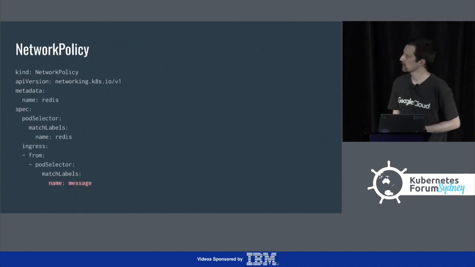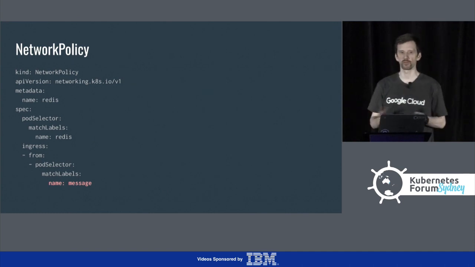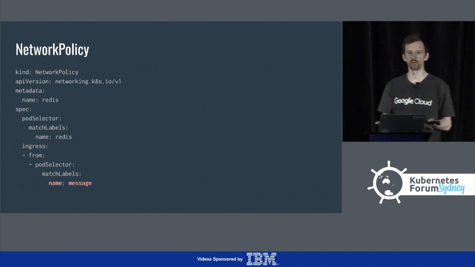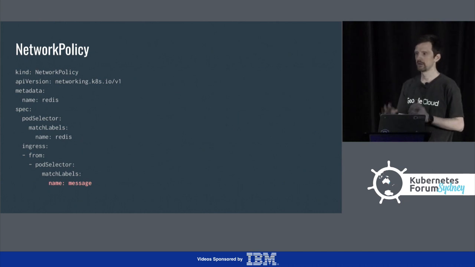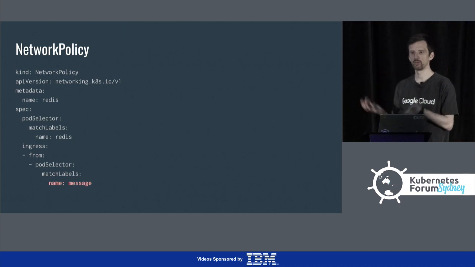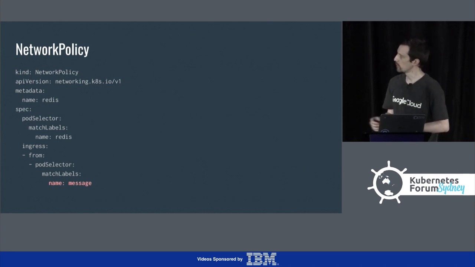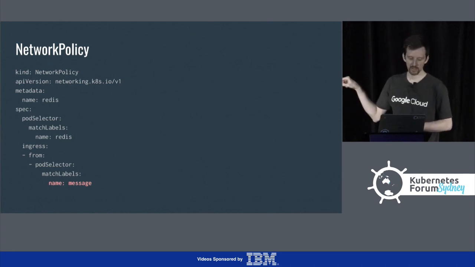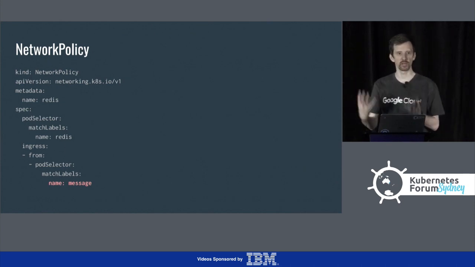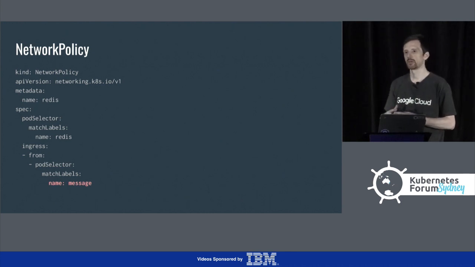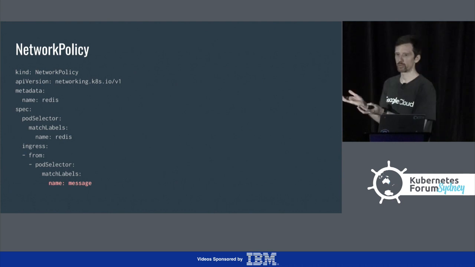And so network policy is just a way of specifying essentially firewall rules, but doing it in a Kubernetes native way. Instead of attaching firewalling rules to the host, you attach them to pods. We use the normal label selector way of doing that: this pod selector matches a certain set of pods, and those are the pods this network policy applies to.